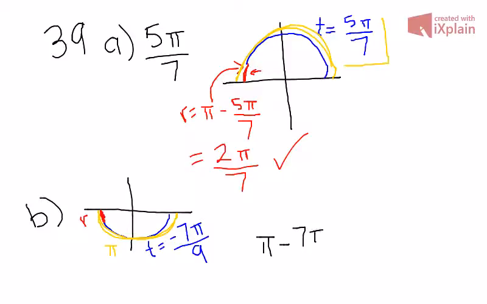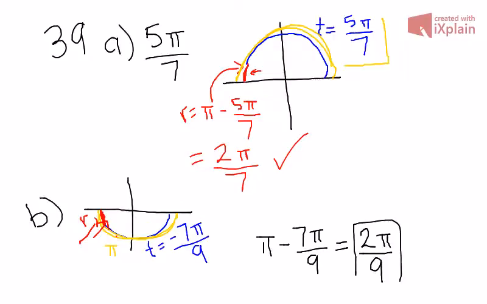If this whole thing is pi, and we went 7 pi over 9 to get to right here, then we take pi and subtract that to find this last little piece. So pi minus 7 pi over 9 equals 2 pi over 9. Okay, so the reference number is just the extra little bit that you need to go to get back all the way to the x-axis.